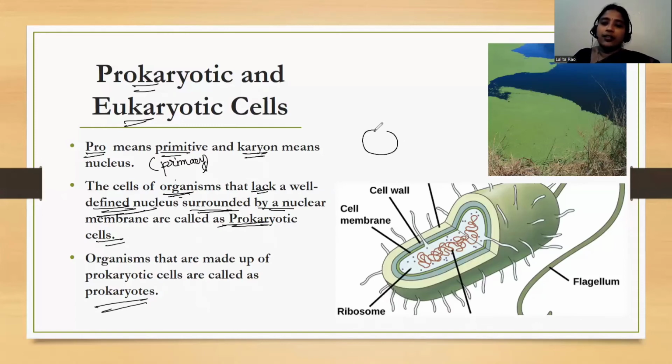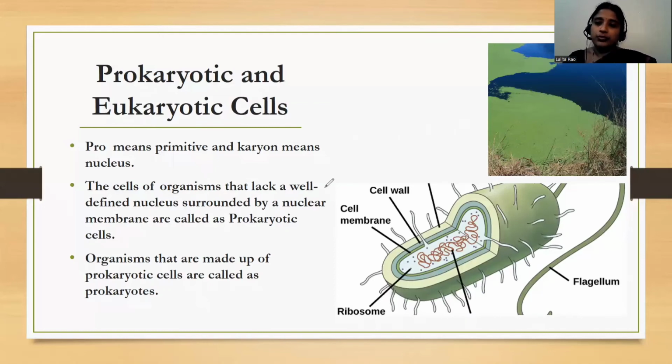If this is the nucleus, this covering is known as the nuclear membrane. If a cell doesn't have a well-defined nuclear membrane, it is known as a prokaryotic or primitive cell, and the organisms made up of such cells are known as prokaryotes.